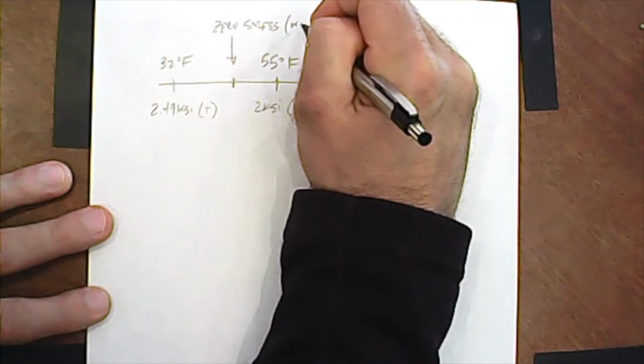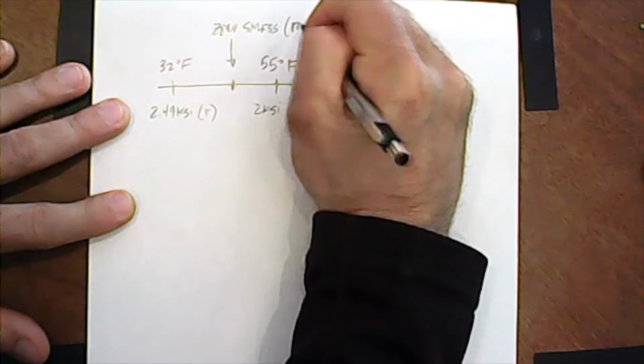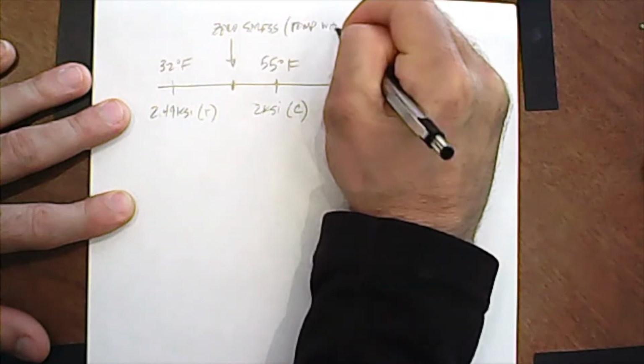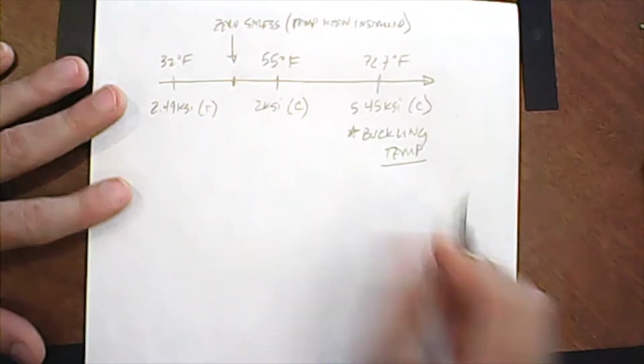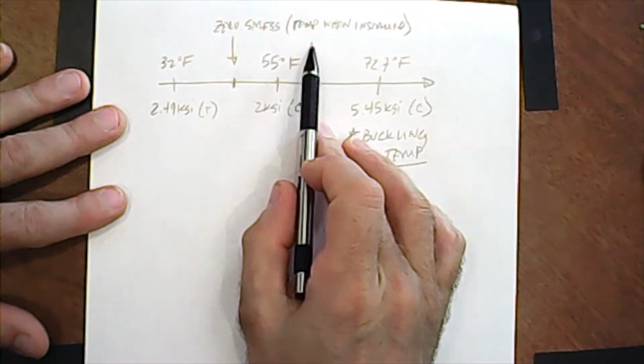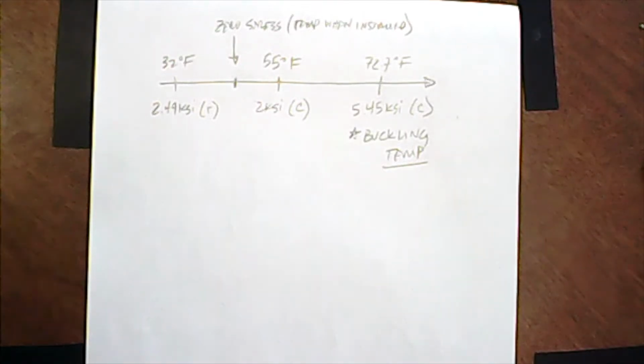See? Or we could say this is the temperature when installed. Get it? When they installed it and they welded it in there, they didn't wedge it in, or they didn't move the walls closer together, or they didn't put some compression on it.